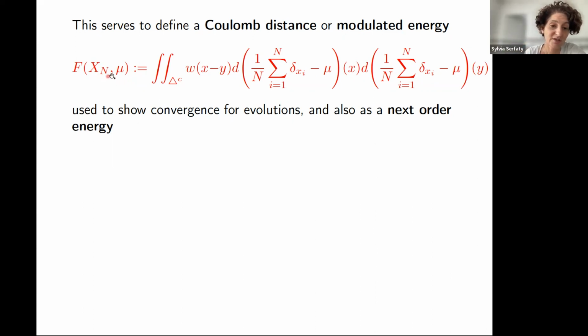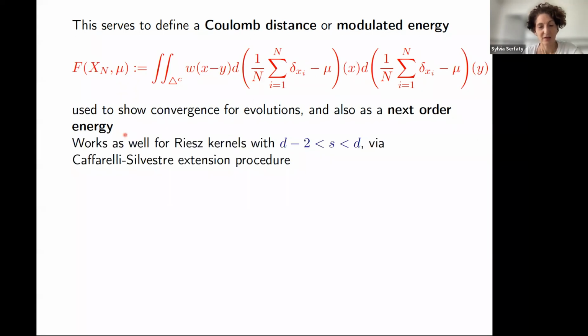So you plug in Xn t and mu t, you take this quantity and you differentiate in time. And when you differentiate in time using the evolution equations, you find interesting things. So it's both used for the evolution, but also as a next order energy, as I will show a little bit later.